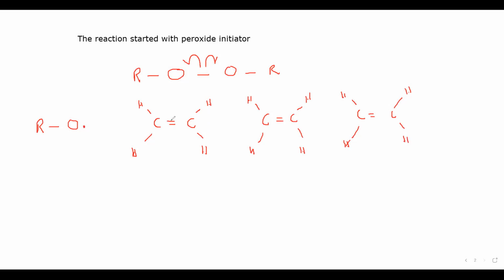If I show the electrons instead of full bonds, just to distinguish, I'm using dots for the electrons of one carbon and crosses for the other.